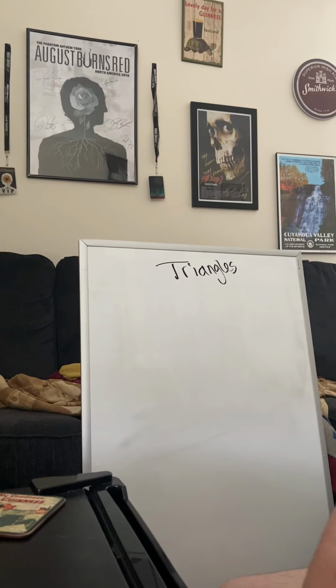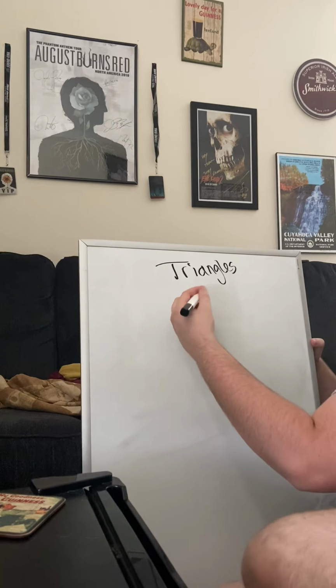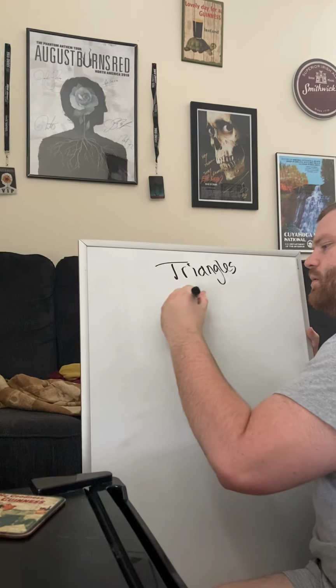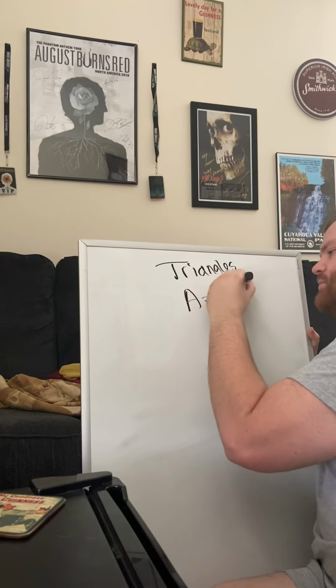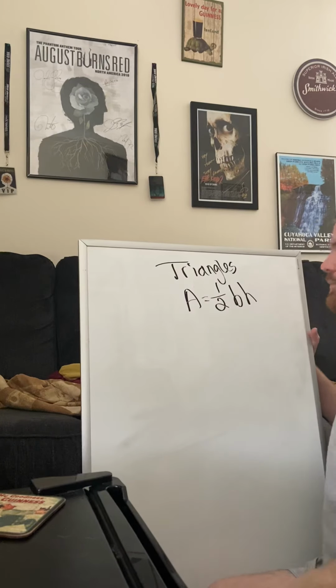So first things first, we're going to try to find the area of different examples of triangles, okay? And the formula for the area of a triangle is area equals 1/2 times base times height.